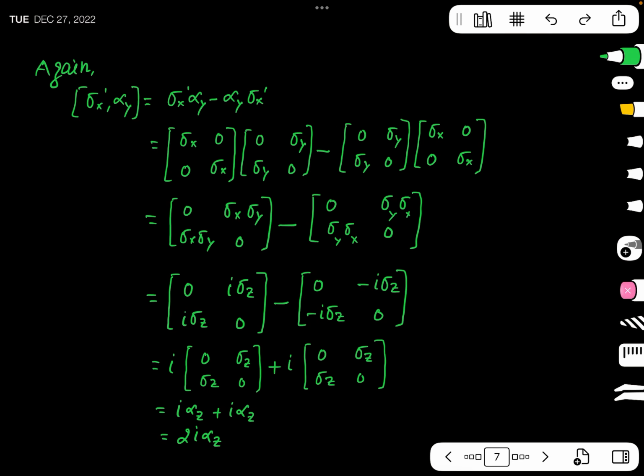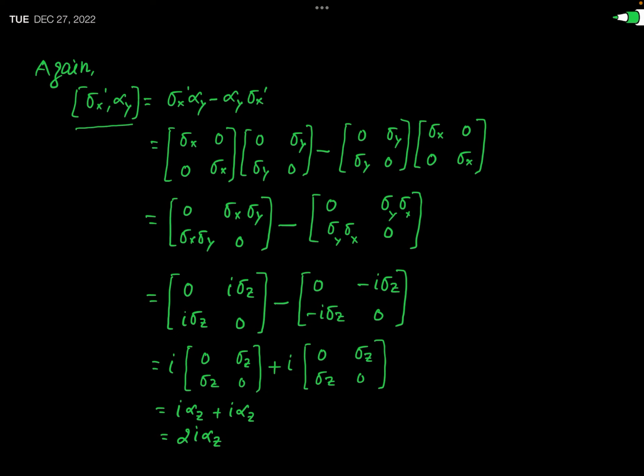For evaluating those two commutators, let us first evaluate the commutator of sigma x dash with alpha y. From the definition of the commutator, you can write it as sigma x dash alpha y minus alpha y sigma x dash. Now we will simply substitute the corresponding matrices.